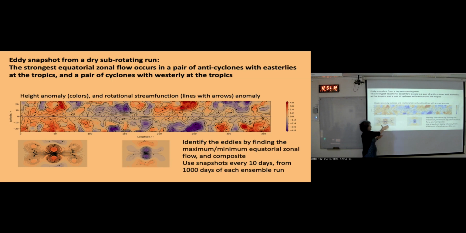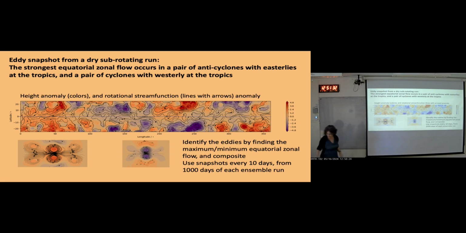So this is what the negative wind eddies look like typically in the subrotating dry case. And this is what the positive wind at the equator look like in the subrotating case.